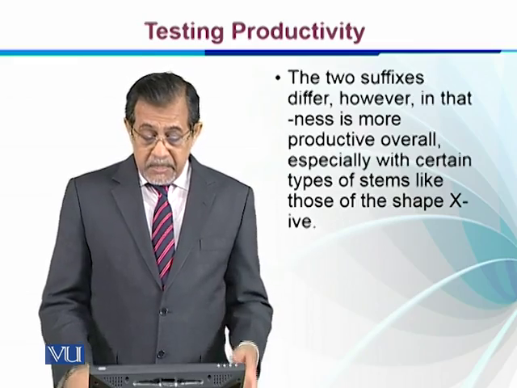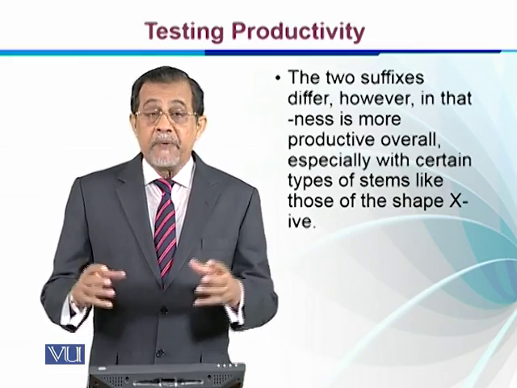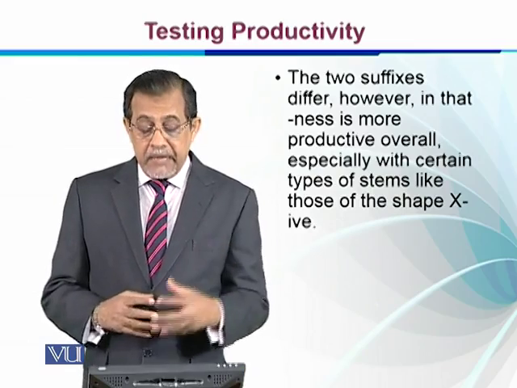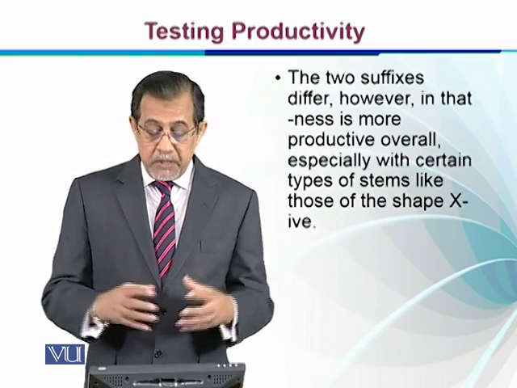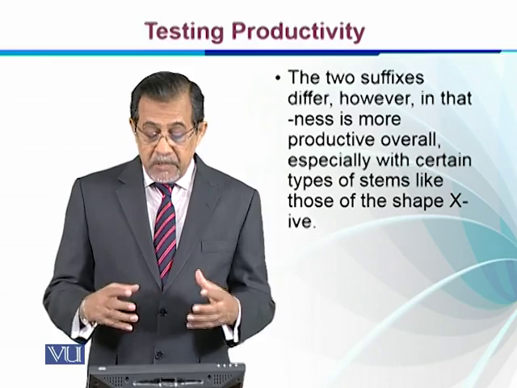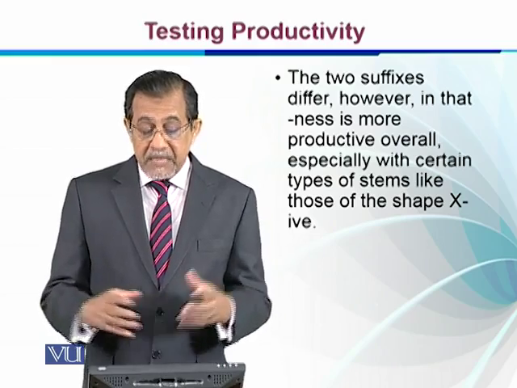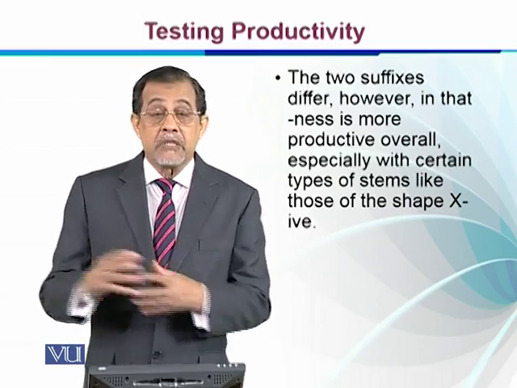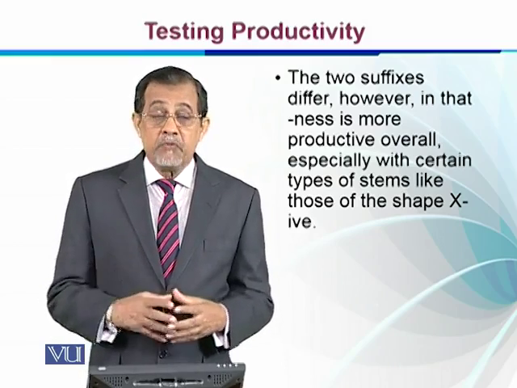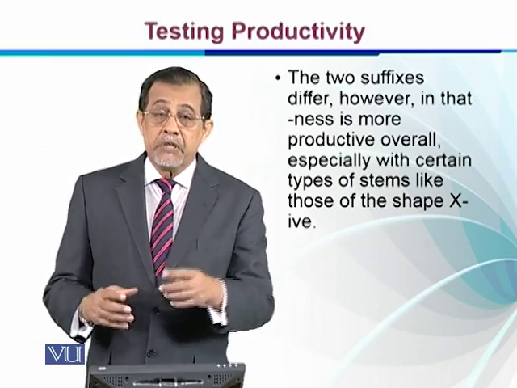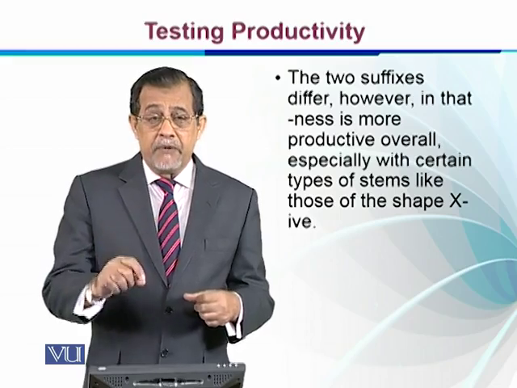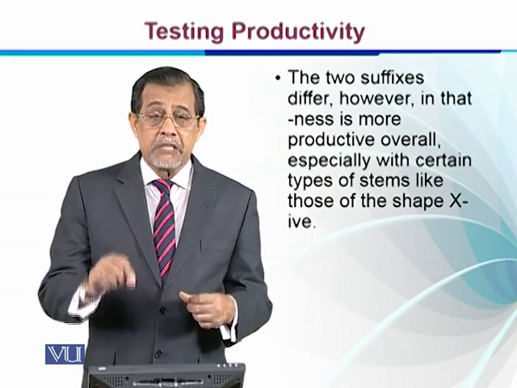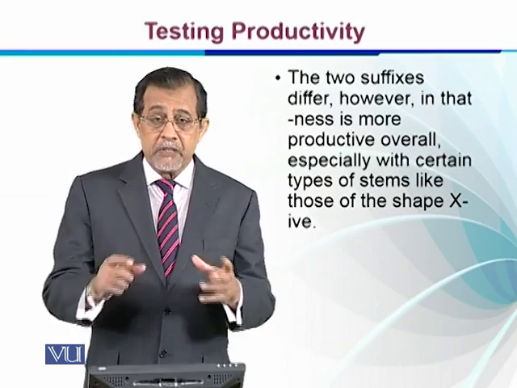The two suffixes differ, however, in that ness is more productive overall, especially with certain types of stems like those of the shape x-iv, with which x goes on. So ness is very comfortable with words which have a word base or root plus the iv suffix.